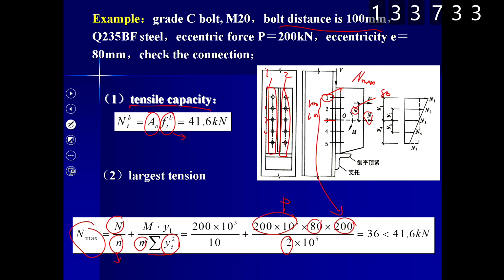Okay. So what's the question? You said the diameter is 80? No, distance. Because in the question, the 80 is the eccentricity. It is the distance from the force to the center of the bolt group.